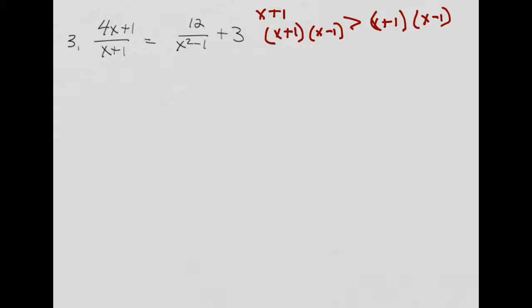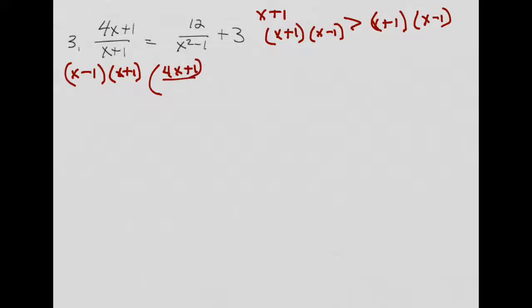Okay, so let's go ahead and multiply both sides by the LCD. So for the first one, I have x minus 1 and x plus 1. And that's going to multiply by 4x plus 1 all over x plus 1. And the next side, I'm going to have x minus 1 times x plus 1, multiplying by this whole side.